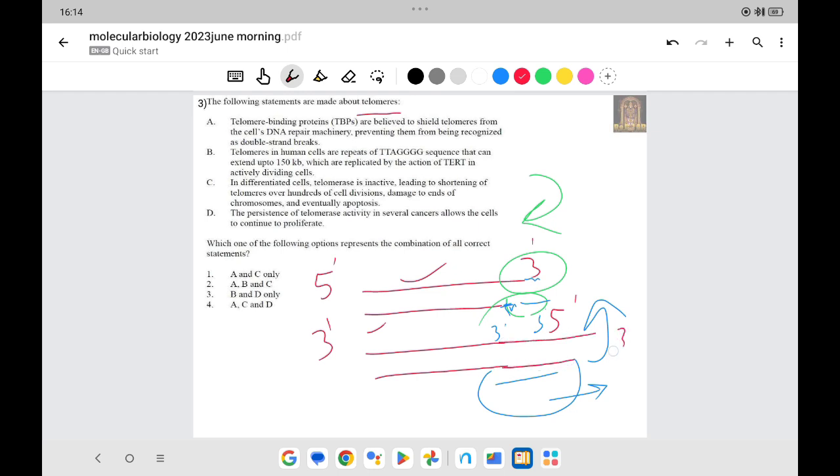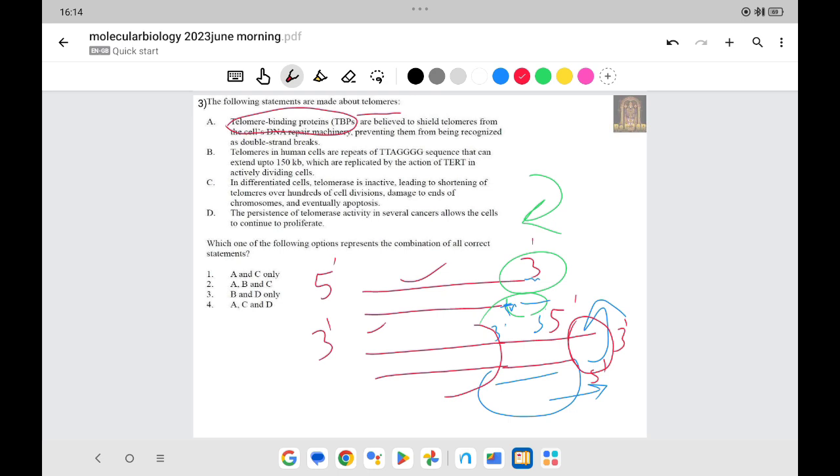But in that way, it will be successful in restricting the loss of our genetic information. Here, some proteins, the telomere binding proteins, known as the shelterin proteins, can come and bind in those end regions to protect the DNA from degradation.